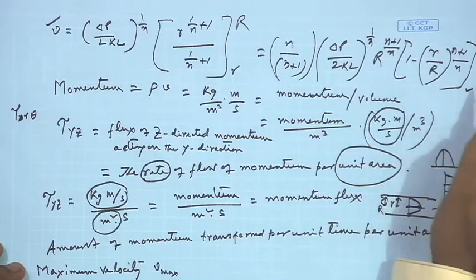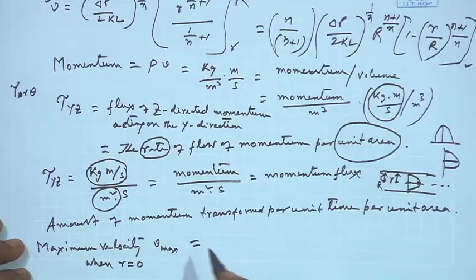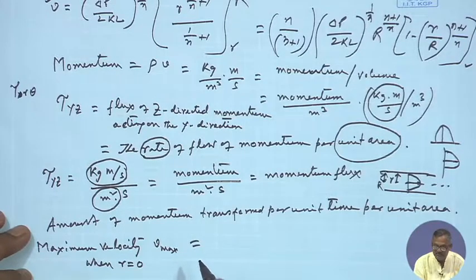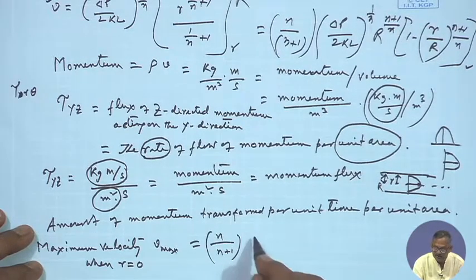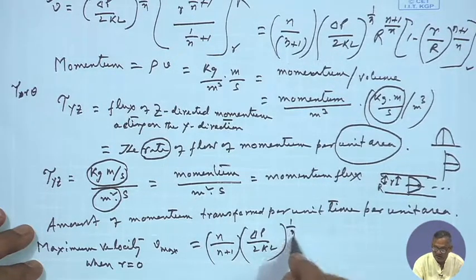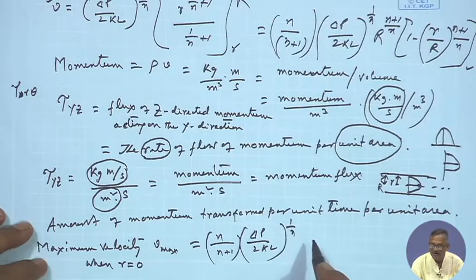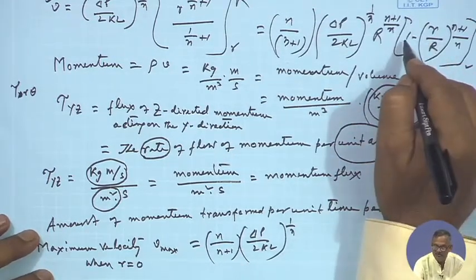So, in this expression, if we put r is equal to 0, then v becomes v max, and then we can write n by n plus 1 into delta p by 2 k L. This remains unchanged, 1 by n, and since this is 0, this is 1.